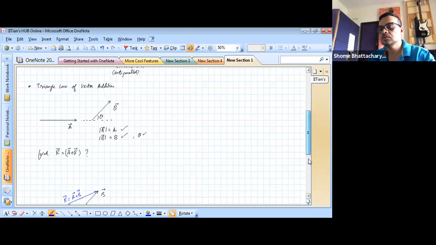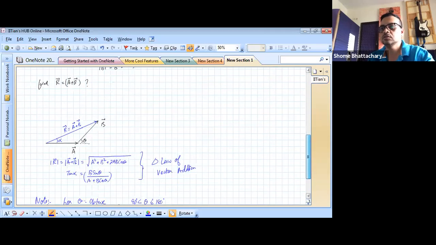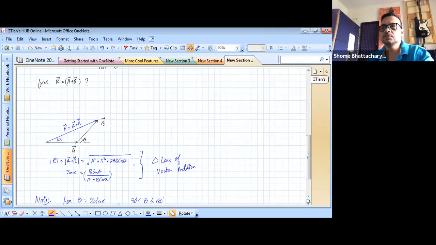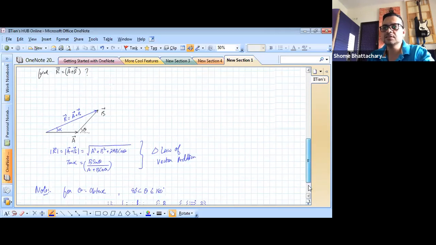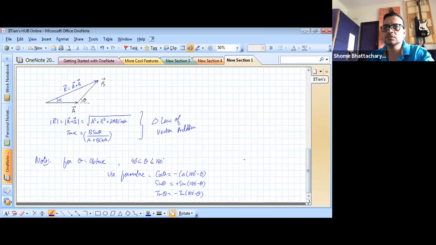So the statement of the triangle law, that the magnitude of A plus B becomes root of A squared plus B squared plus 2AB cos theta, and this formula tan alpha is B sin theta upon A plus B cos theta. And further, the special application of it when theta becomes obtuse, because two vectors can also be in this kind of relationship. That vector A is like this, but vector B is at an angle like this.